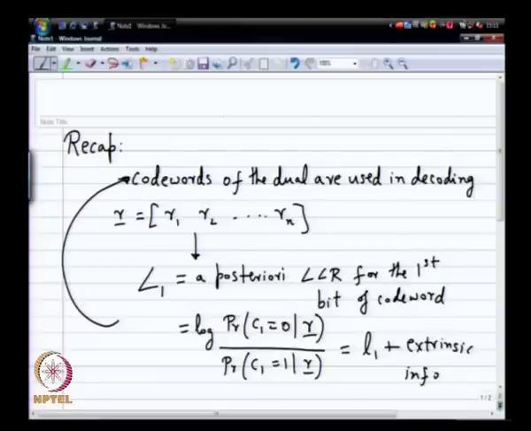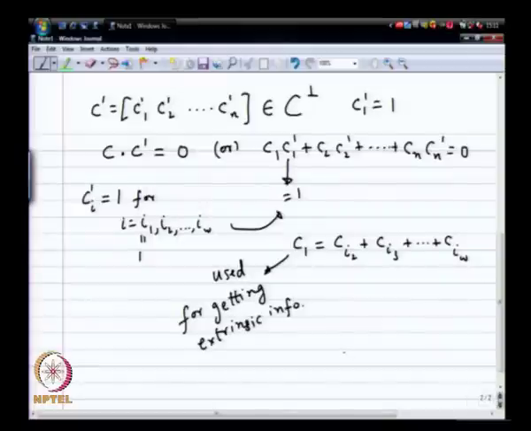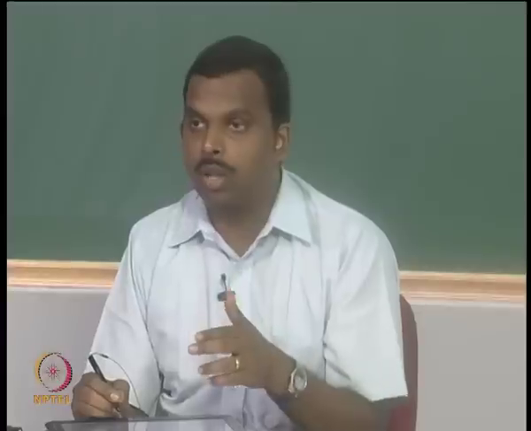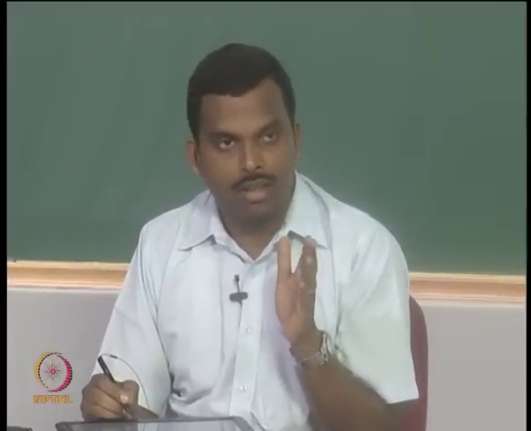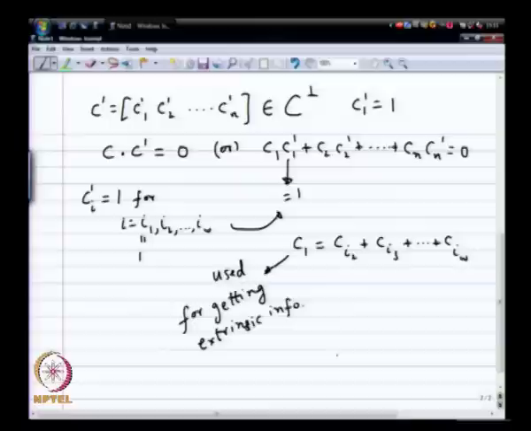But approximate evaluations usually involve looking at code words of the dual which have C1 prime equal to 1, so the first position should be 1 in the dual. If that is the case, then if you look at the condition that is satisfied between the code and the dual, you know C dot C prime has to be 0, and that gives you some equation involving C1.